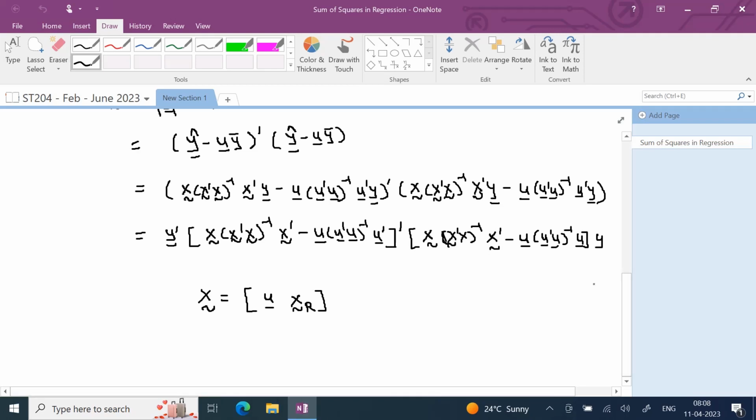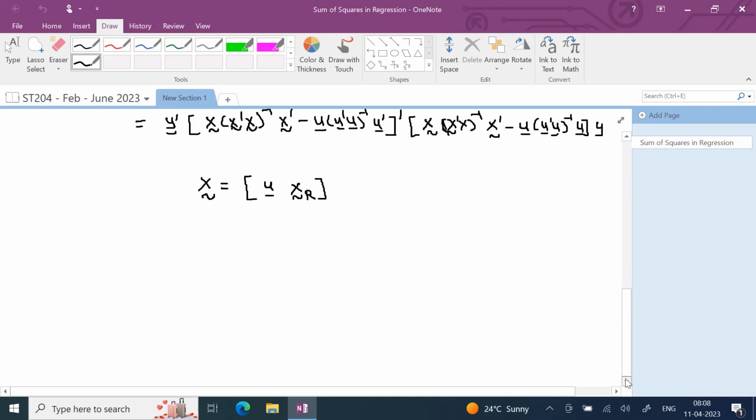So first let me write the result that we are going to use. Okay. So the result to be used. In general, suppose I have a matrix M which could be partitioned as say M1 and M2, and I'm interested in something like this, right?